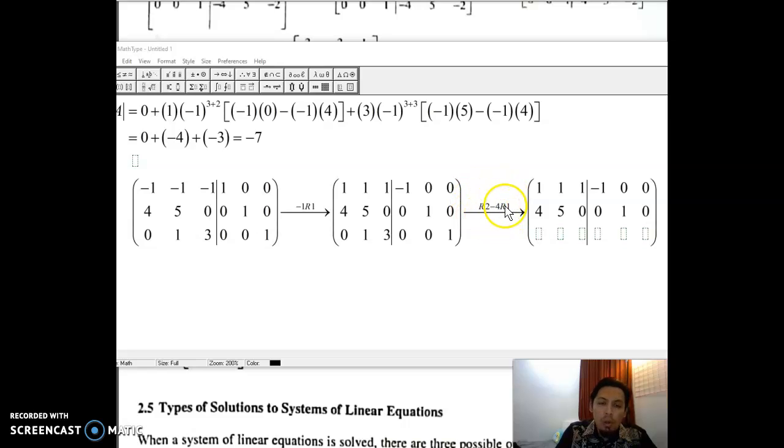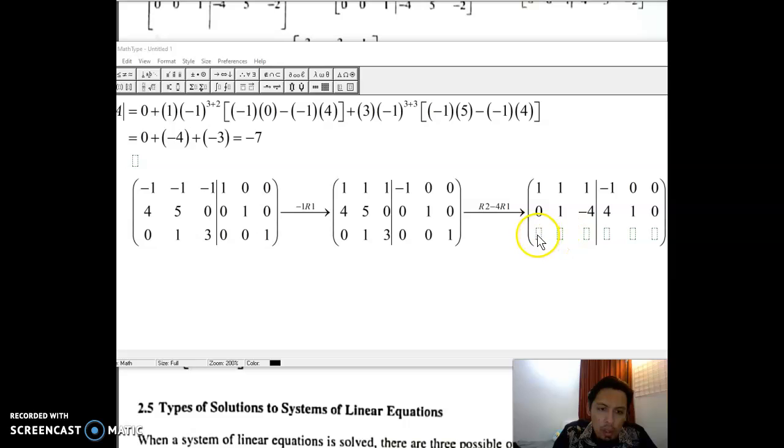Now we have row 2 and row 1. Just do that first. Okay, so R2 minus 4 R1. So we have 4 minus 1 times 4, so 4 minus 4 is equal to 0. 5 minus 4 is equal to 1. 0 minus 4 gives negative 4.